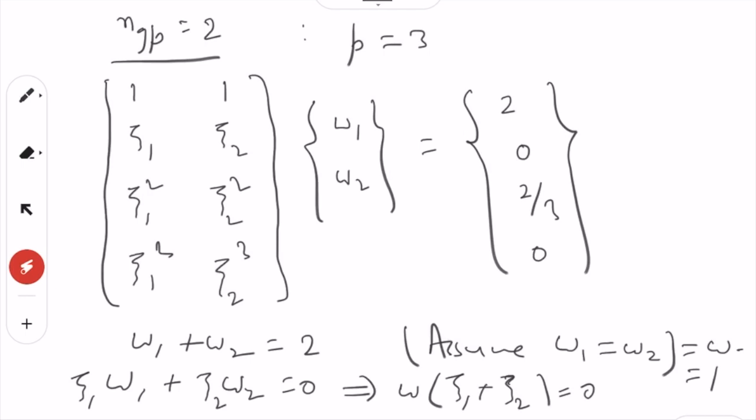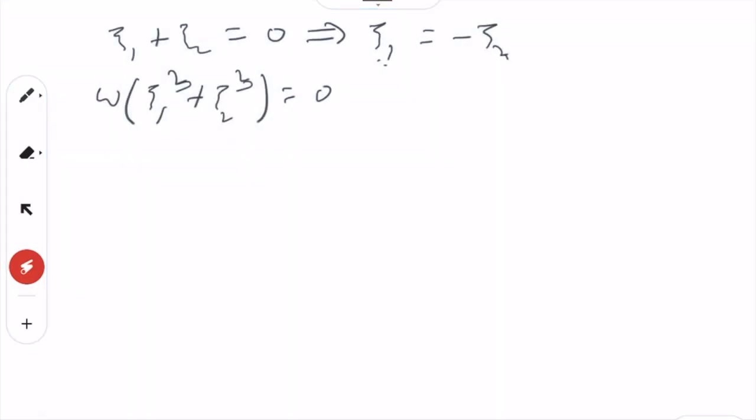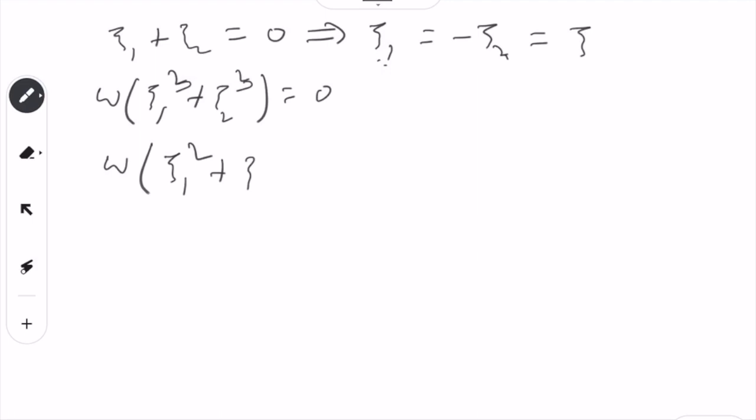So this multiplied by this has to be equal to 2 over 3, so you get W multiplied by (ξ1² plus ξ2²). Let's call it ξ naught. So ξ1² plus ξ2² equal to 2 over 3, with W equal to 1.